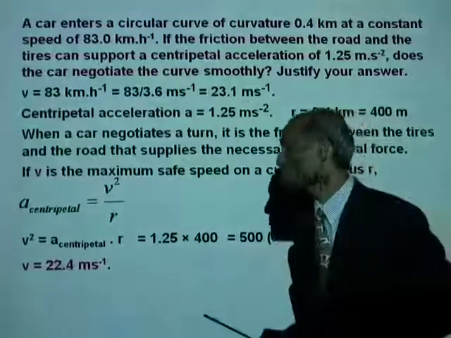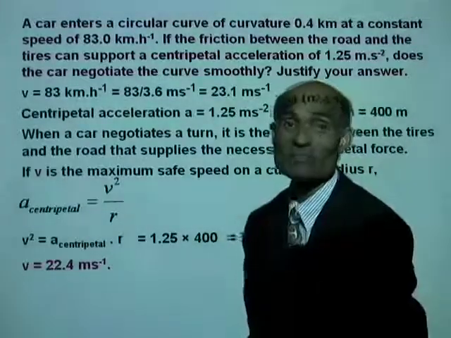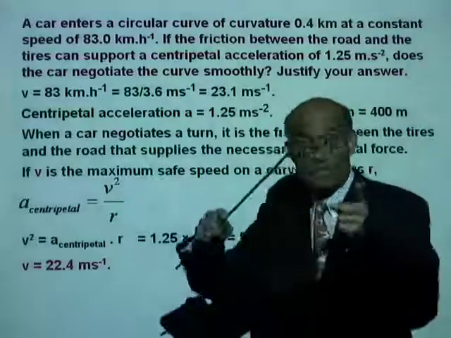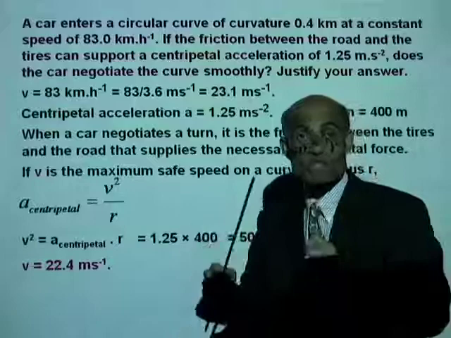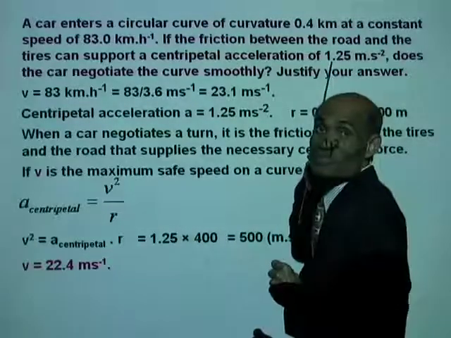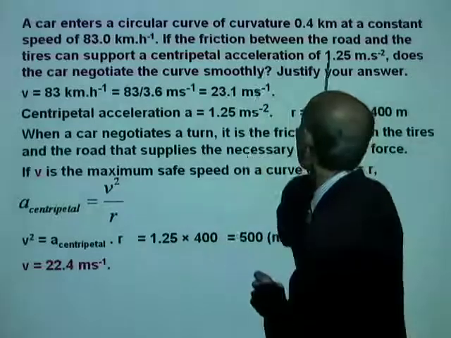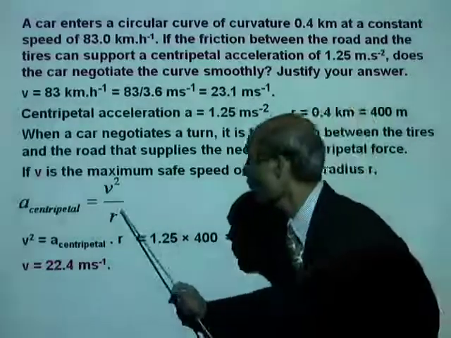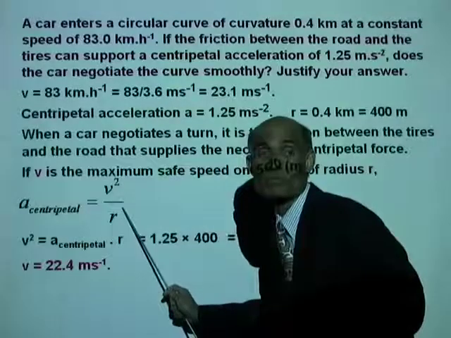Therefore, what is v? V is 22.4 meter per second. It means the friction between the road and the tires will allow a maximum centripetal acceleration of 1.25 meter per second squared for this particular radius.